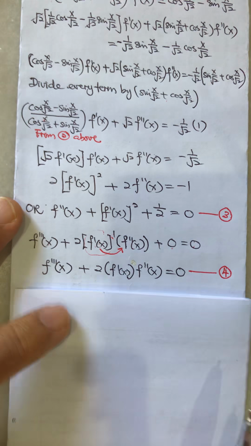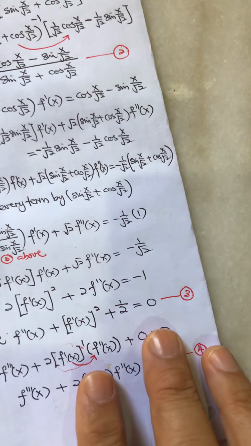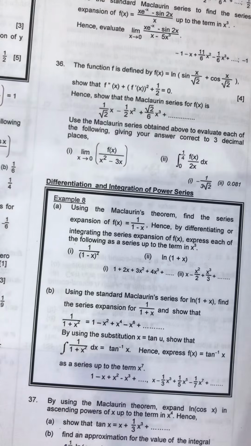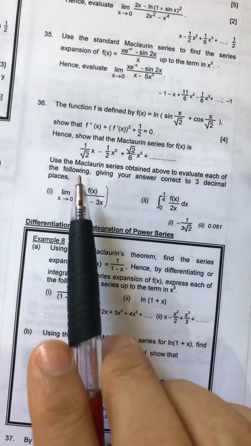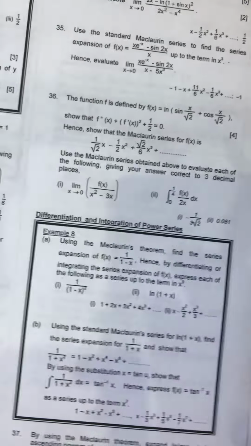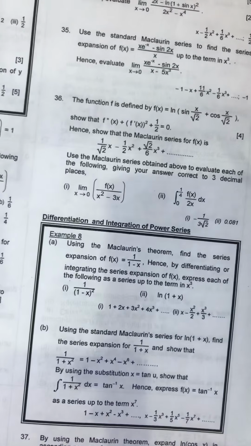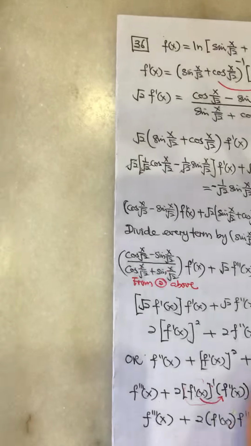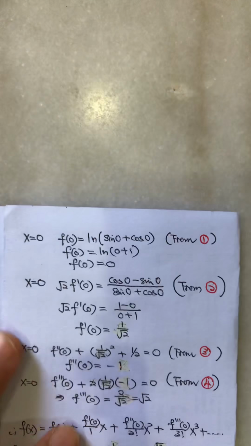Because we are going to use the Maclaurin series, as you see from the question, we are going to use it to show that f x can be written like this. So what we are going to do now is just substitute x equal to 0 and so on.